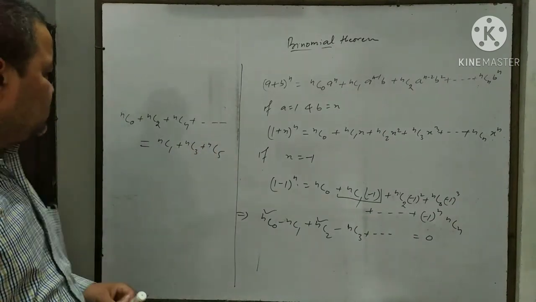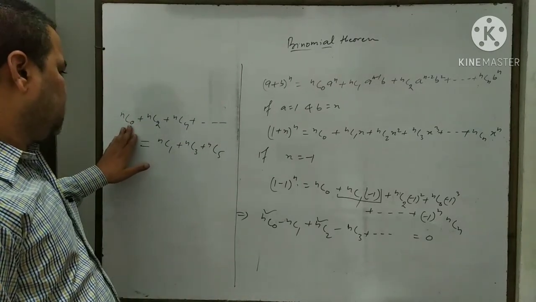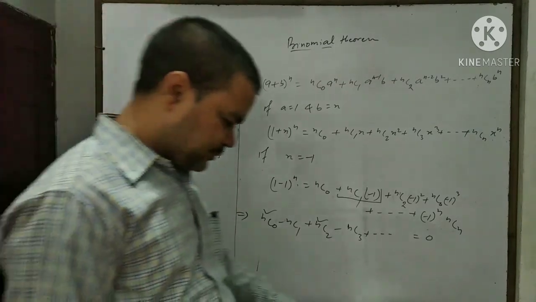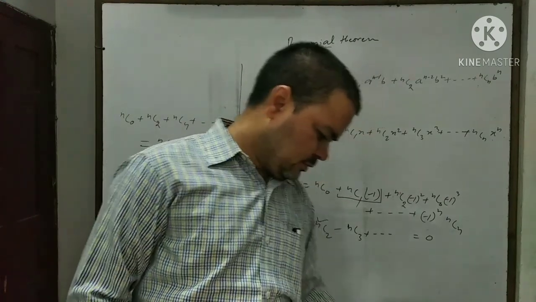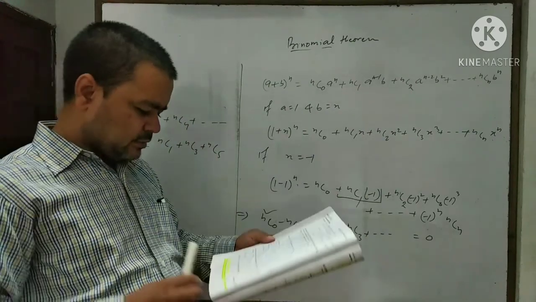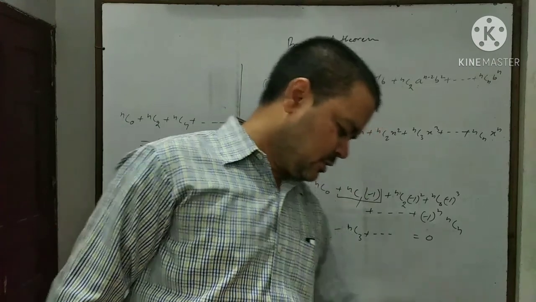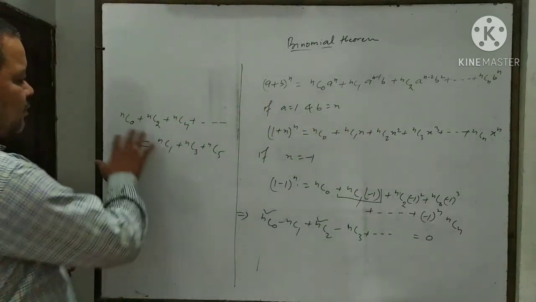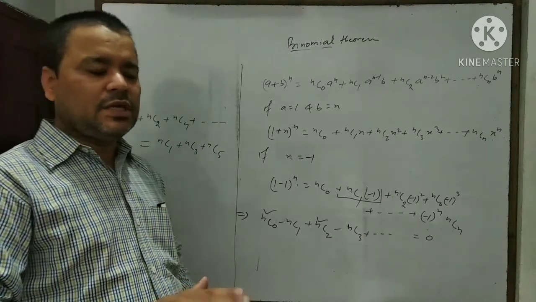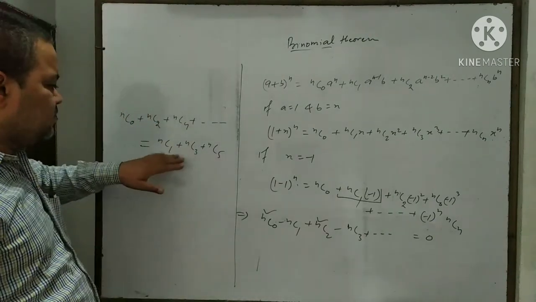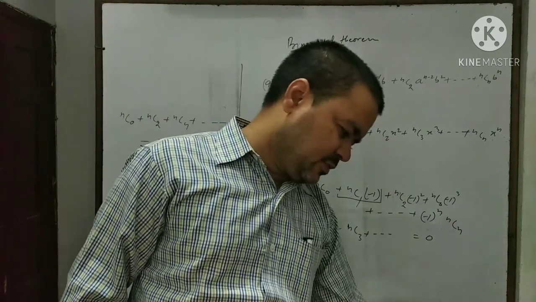Okay, we can write in this way that the sum of the coefficients of odd terms of an expansion is equal to the sum of the coefficients of even terms. The sum of coefficients of odd terms, here 1, 3, 5, is equal to the sum of coefficients of even terms. Okay.